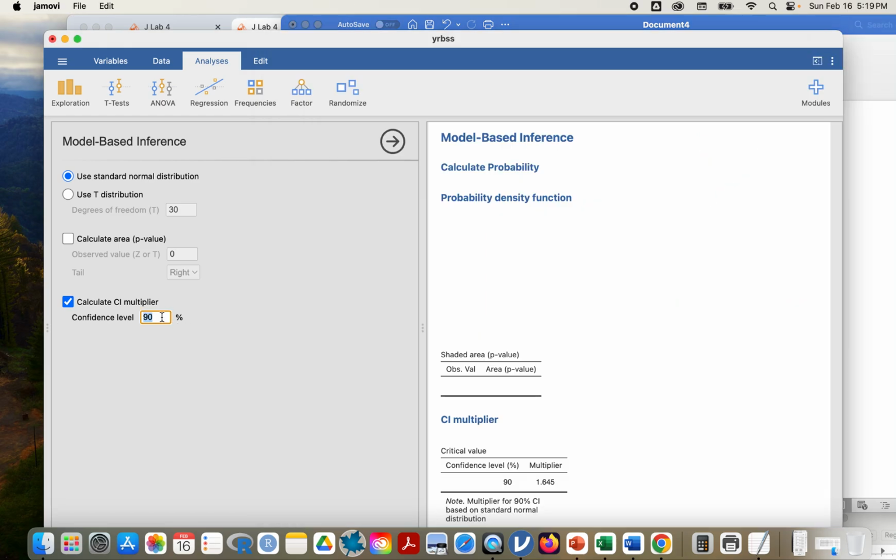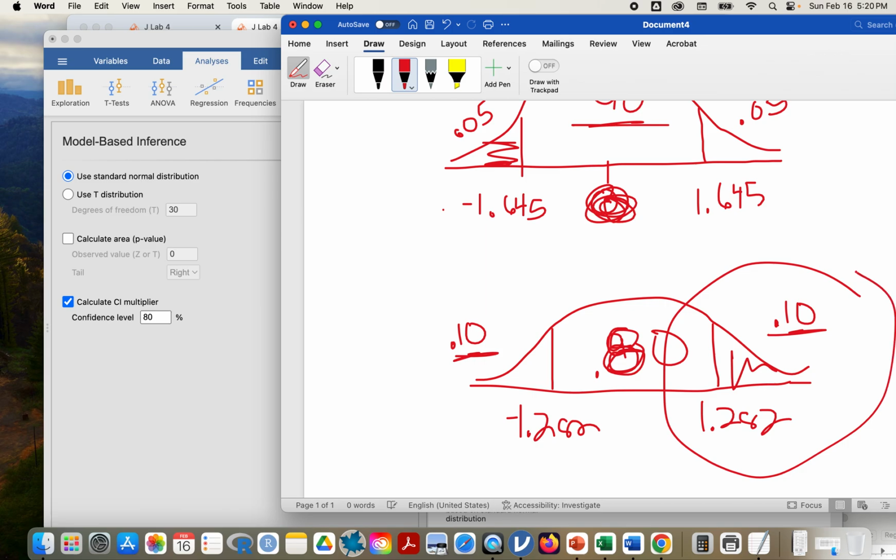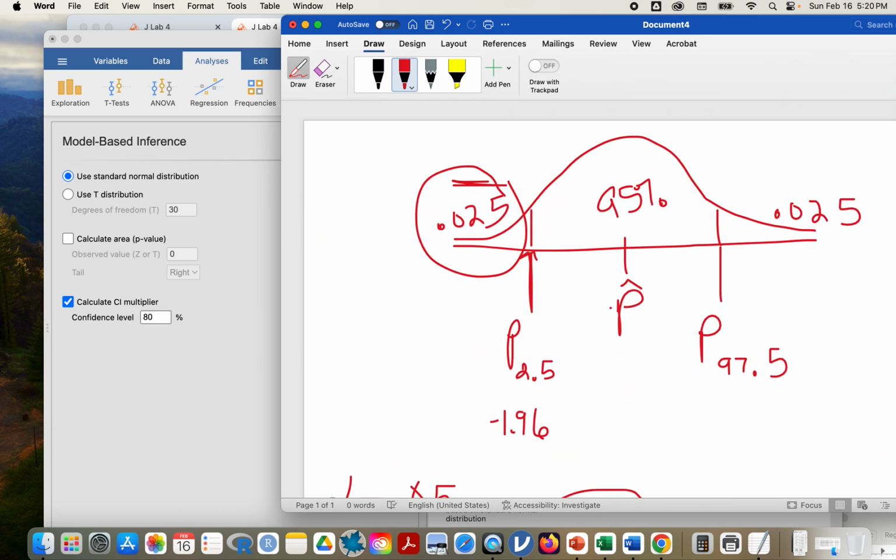So if you want the critical values for hypothesis testing, you put in the 0.80 and you get your 1.282. That's your negative 1.282 and your positive 1.282. Since we're dealing with a right-tailed test, this is what we would pay attention to. Just a little footnote there.